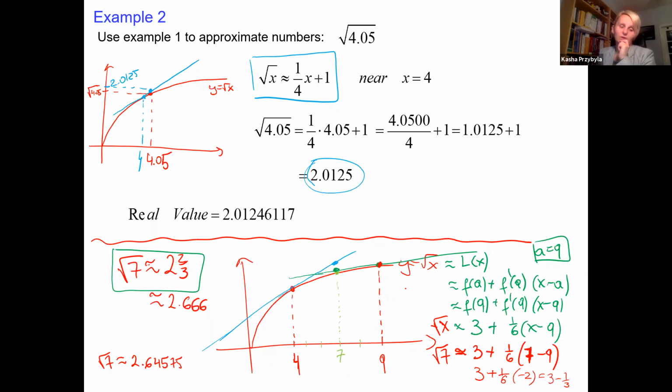I would say we have to look at the X values. Since 11 is closer to 9, we will probably use 9, because we have to be close to that number.